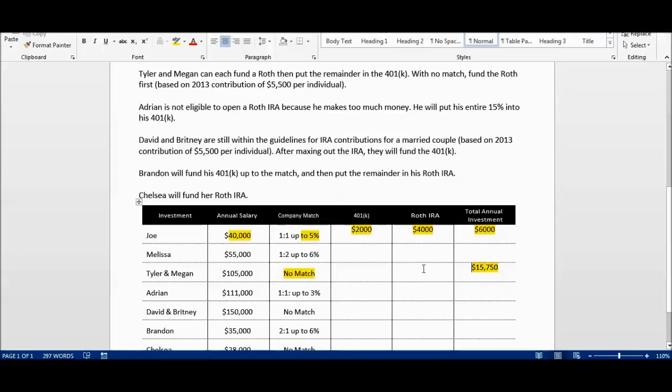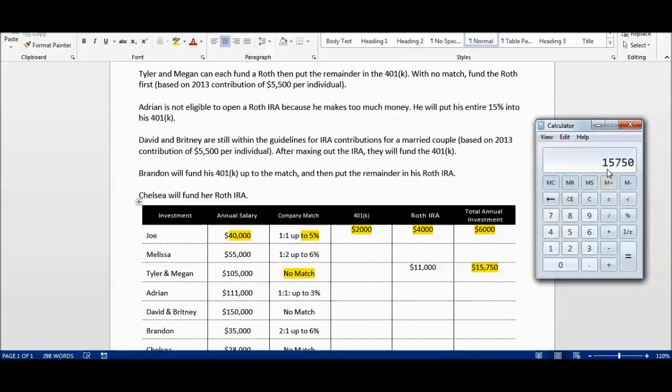So when we add that together, that gives us $11,000. So $11,000 of this $15,750 is going to go into the Roth IRA, and we need to figure out what the difference is between these two and put the remainder in the 401k.